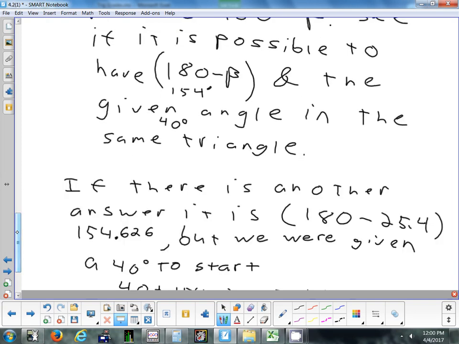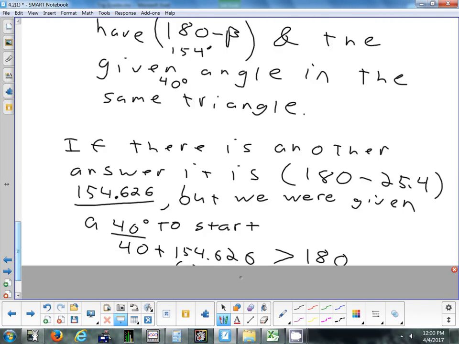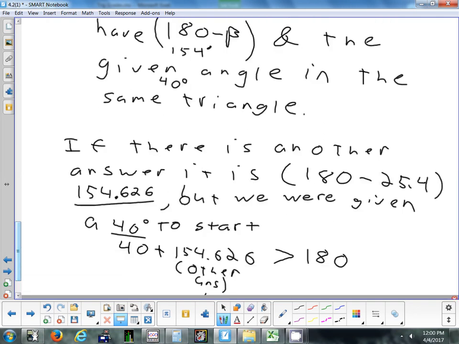And I think that's exactly what I explained right here. So if there's another answer, it's 154.626, but you were given a 40-degree angle to start. If you add those two together, it's greater than 180. So you don't have to write that down if you understand how we determined it didn't work.